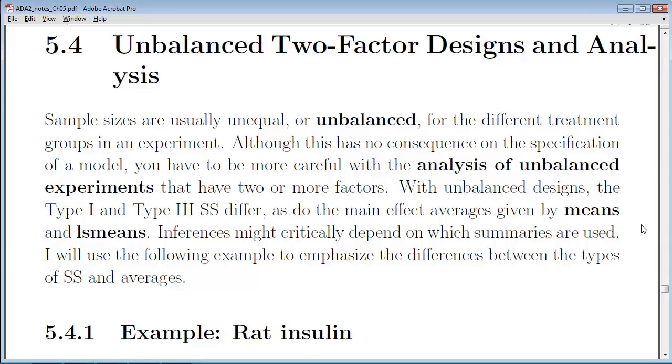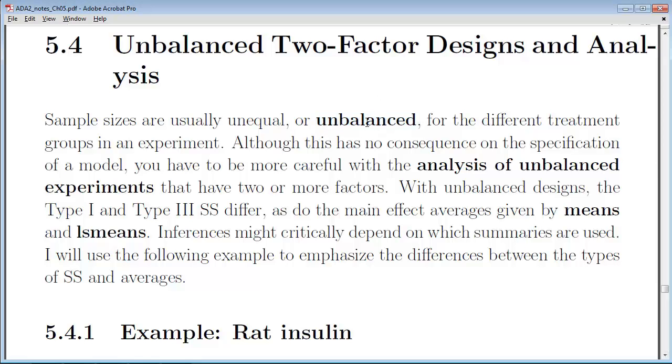That would be a situation where you end up with an unbalanced design. Sometimes you don't have the liberty to do randomization, but you are simply observing something, sort of like an observational study, where everything's randomized or pseudo-randomized in a way that leads you to unequal sample sizes. So that would be another situation.